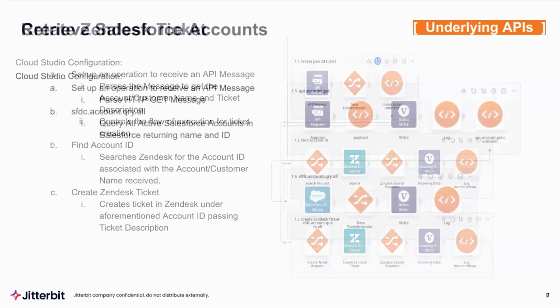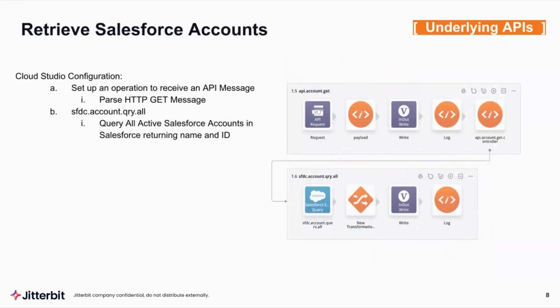The second thing that you will see that we have used is the retrieval of Salesforce accounts. In order for this to work, we also need to have access to the accounts in Salesforce. In this case, it's a similar approach. We have two operations. First, we receive a request. The request will contain some information that we need to parse.